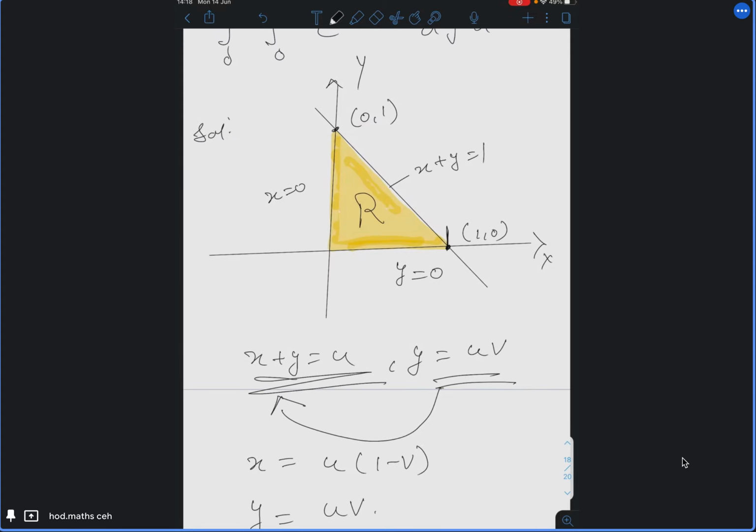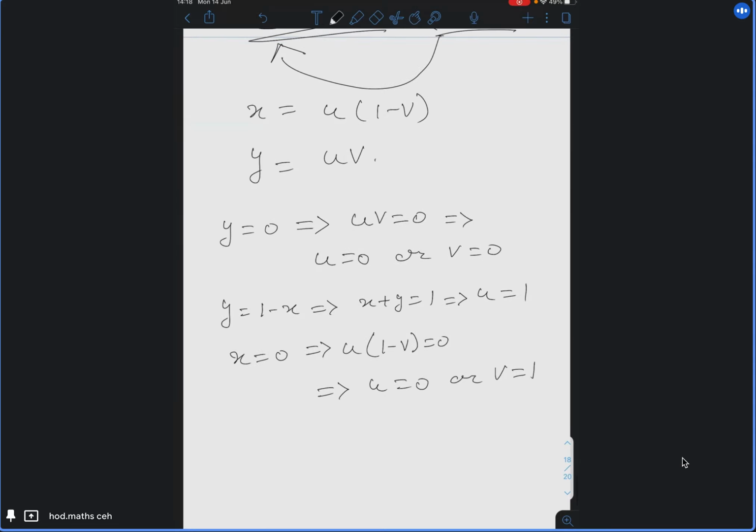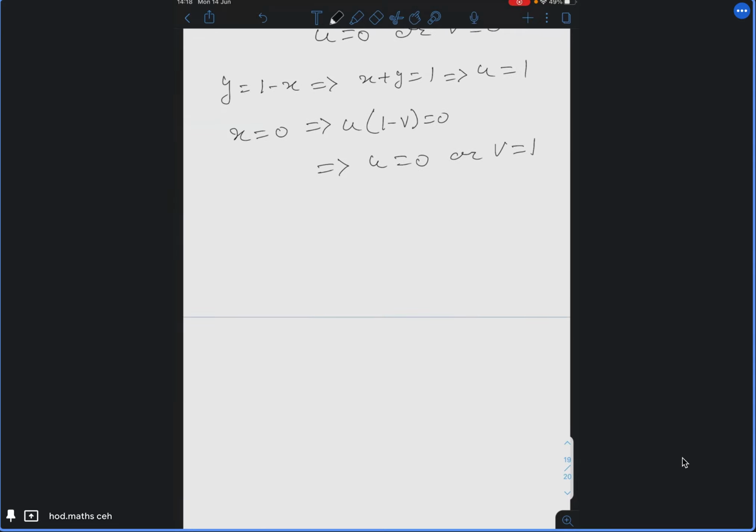Okay. So now this region R is transformed to some other region. Let us draw these things now in uv form. So suppose this is v and this is u. Now u is equal to 0 means v axis. v is equal to 0 means u axis. Then you have u is equal to 1, so suppose this is u is equal to 1 somewhere.